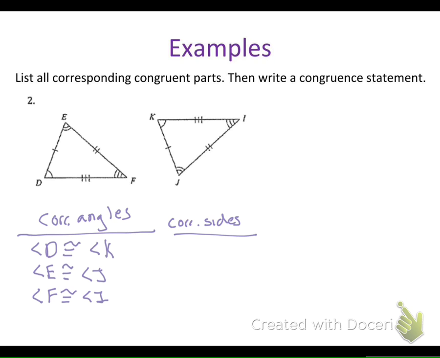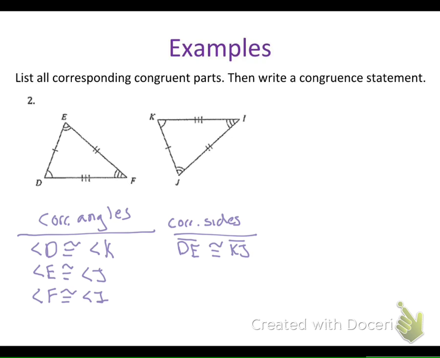Okay, so now we're going to list corresponding sides. Side DE is congruent to side KJ. Remember, these are sides, so you can label them in the other direction: you could have ED or DE, and KJ or JK. Each of these had one tick mark.